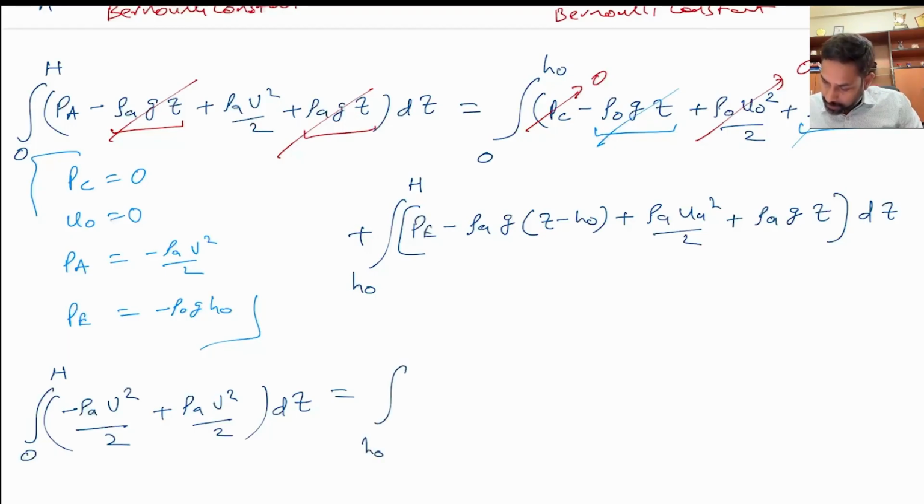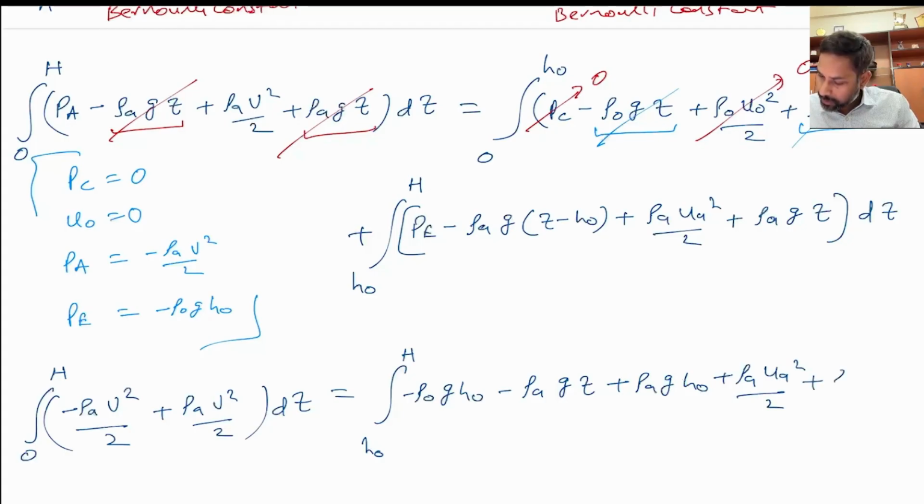On this side we are only left with this term, where PE is minus rho naught g h naught minus rho a g z plus rho a g h naught plus rho a u a square by 2 plus rho a g z dz.